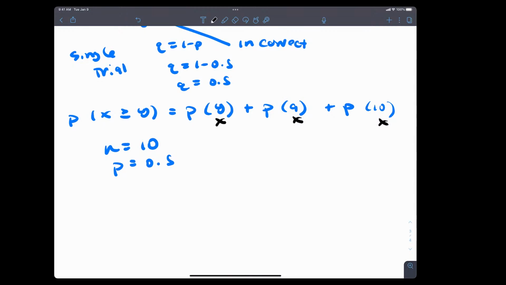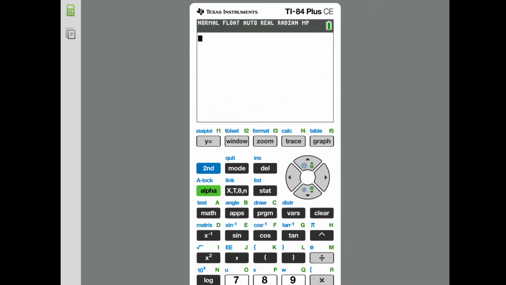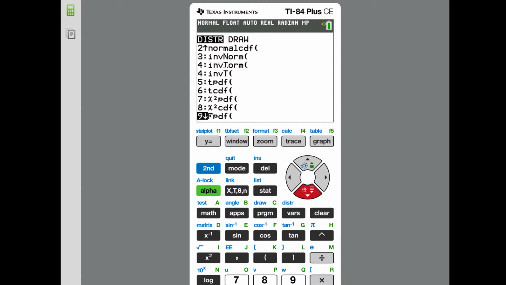What we're going to need to do now is we're going to go to the TI here. So what we learned here in the TI is we learned how to use the binomial probability distribution function. We hit second distribution now. Scroll all the way down to binomial PDF. That's A right in here.